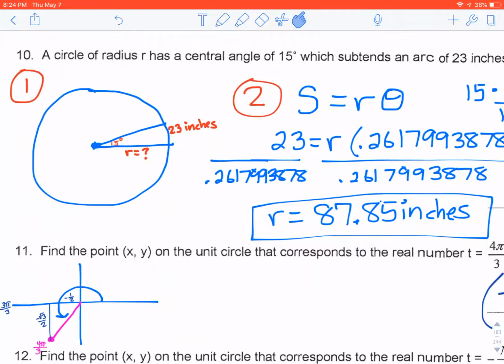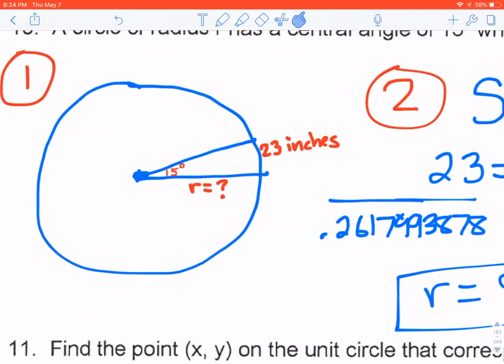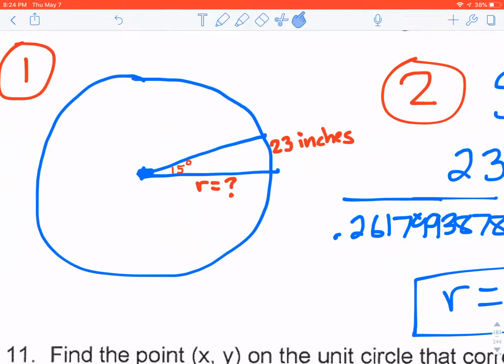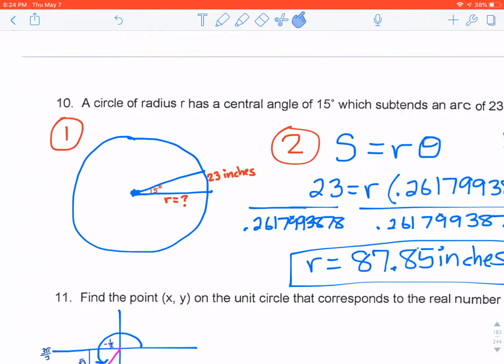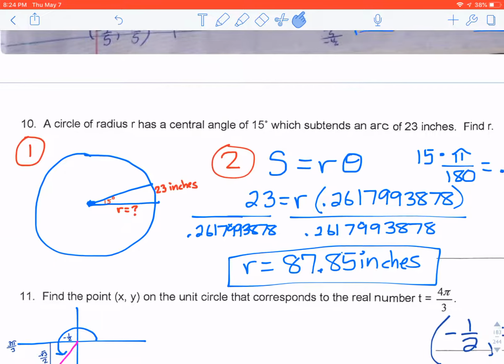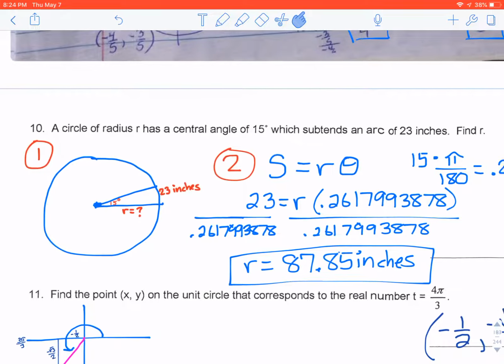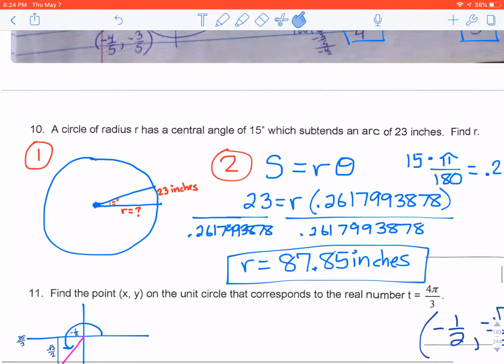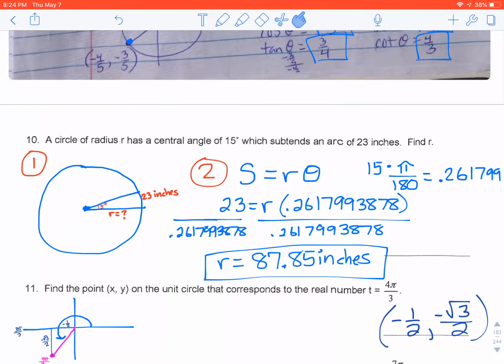We know that our central angle here, I'll make this a little bit bigger, is 15 degrees. We are looking for our radius. We need that our arc is 23 inches. So remember your formula, S equals R theta. Your theta, your angle measurement, needs to be in radians.